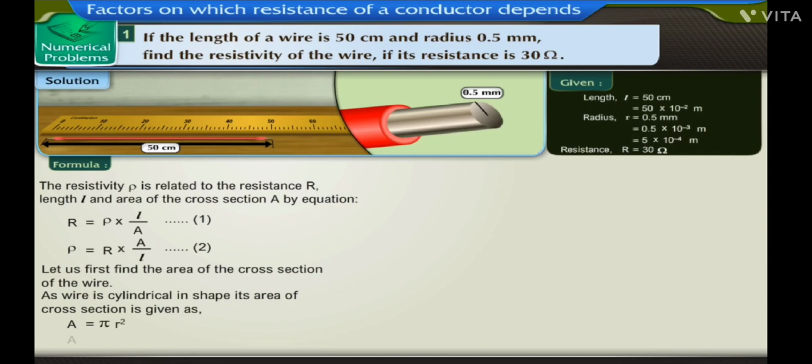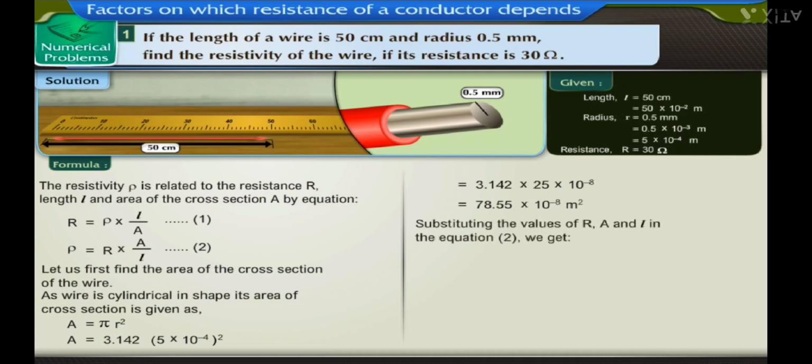Therefore, A is equal to 3.142 multiplied by 5 multiplied by 10 to minus 4 on the whole square, is equal to 3.142 multiplied by 25 multiplied by 10 raised to minus 8, which is equal to 78.55 multiplied by 10 raised to minus 8 meter square.